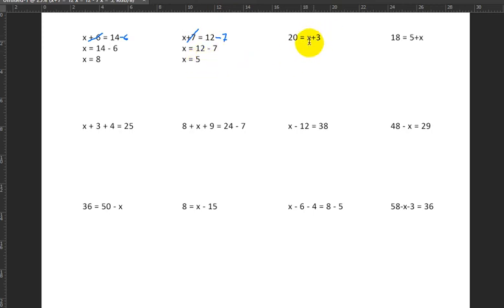All right, but what do we do if the x is on the other side of the equal sign? Well, this is pretty much the same thing, but if it confuses you a little bit, you can flip the equal sign around.